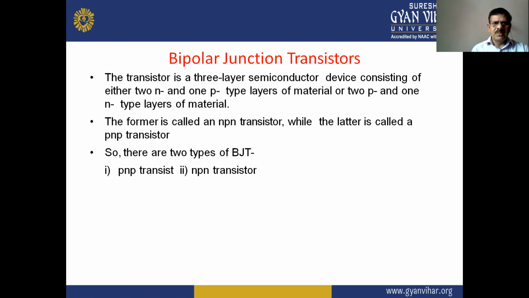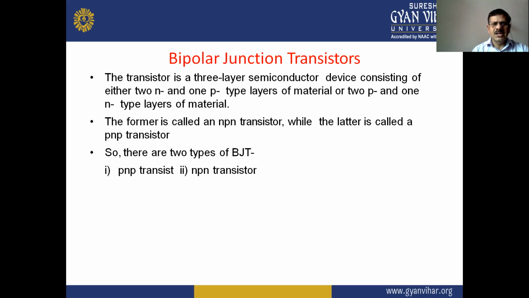The bipolar junction transistor is basically a three-layer semiconductor device, and the main function of the BJT is as an amplifier device, that converts or increases the strength of a weak signal to a high level.